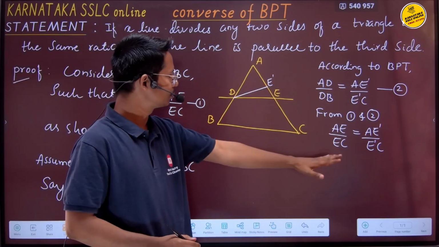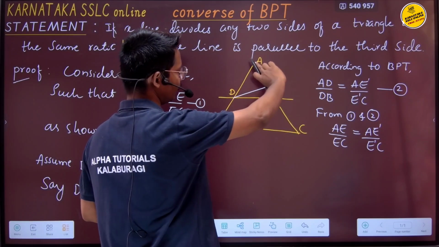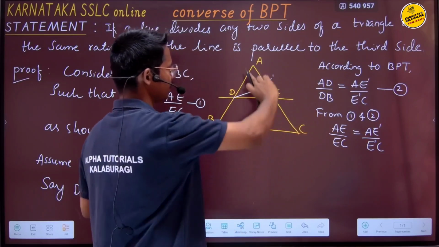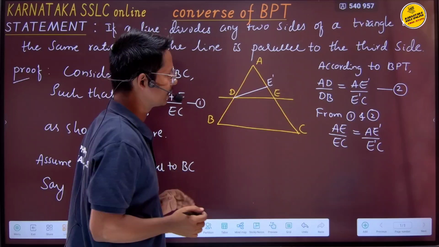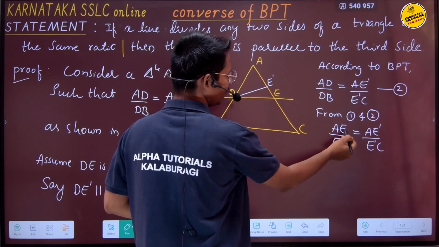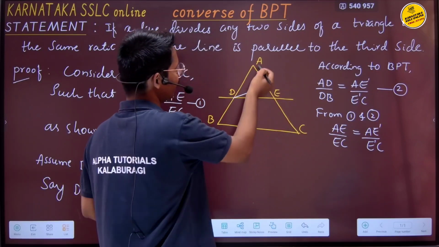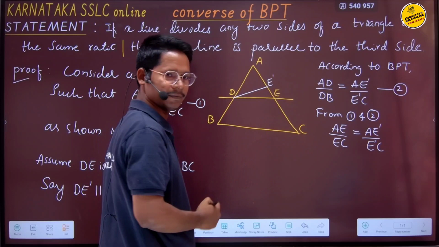After this we need to get AC in both the numerators. Now just think, how can I get AC from AE and EC? If I add AE plus EC, I'll get AC.